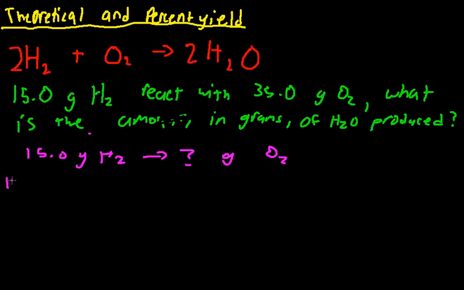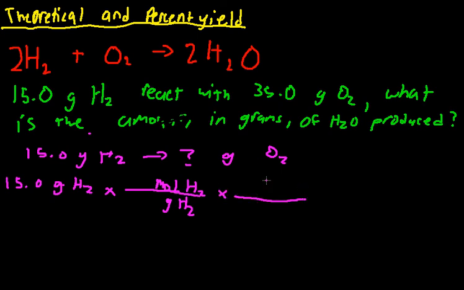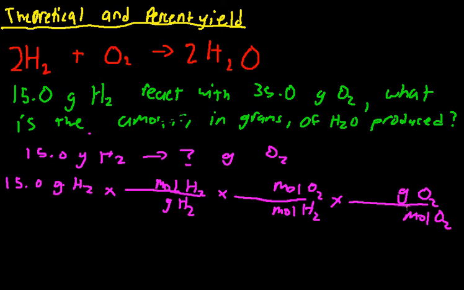However, this way you only have to do one calculation. So if I start with 15.0 grams of hydrogen on this side here, we take grams of hydrogen to moles of hydrogen, and then I'm going to take moles of hydrogen to moles of oxygen, and then lastly moles of oxygen to grams of oxygen.